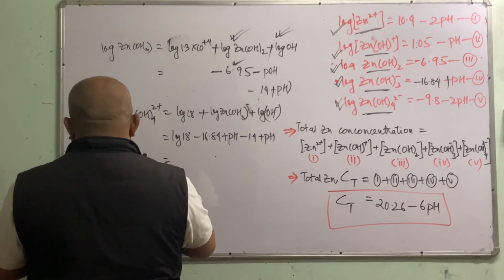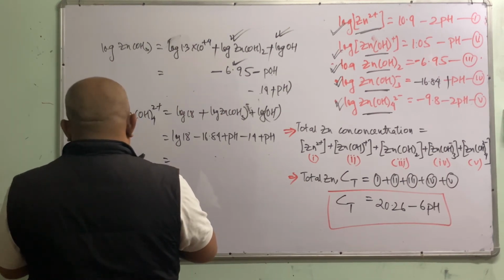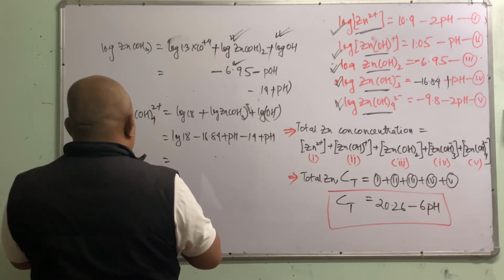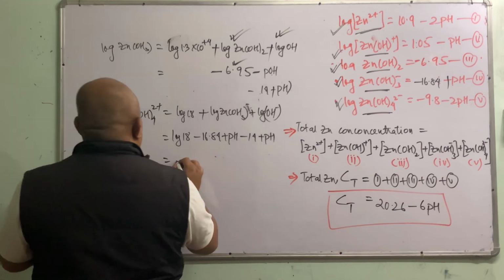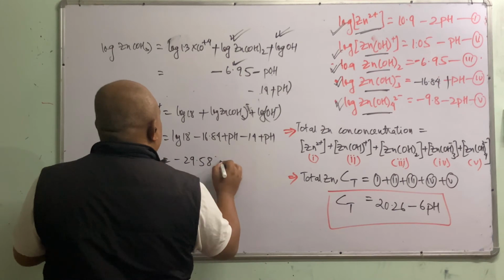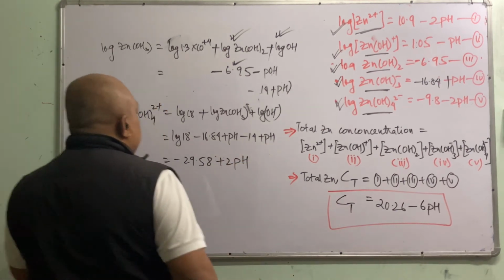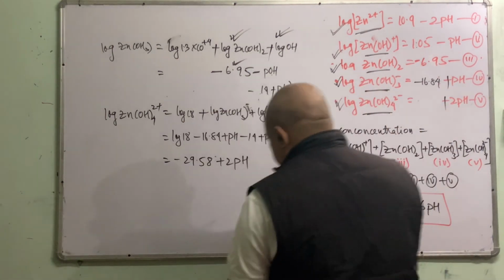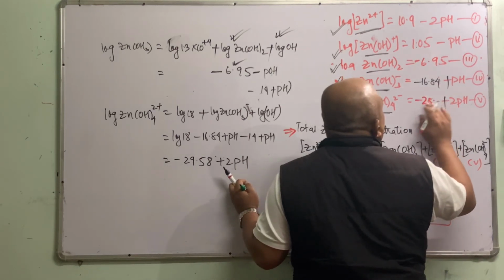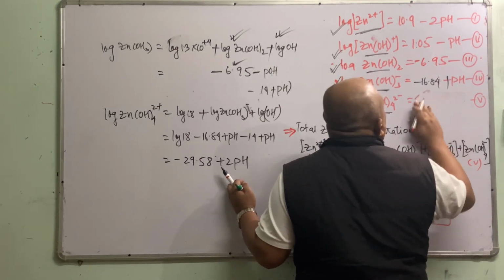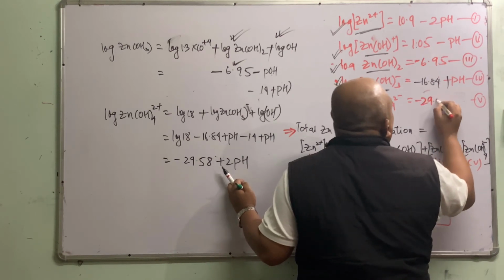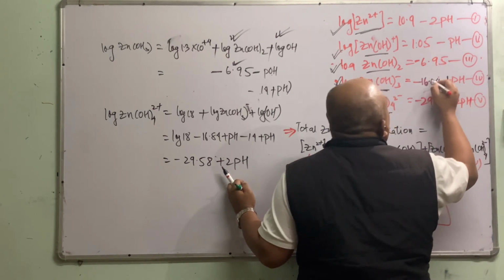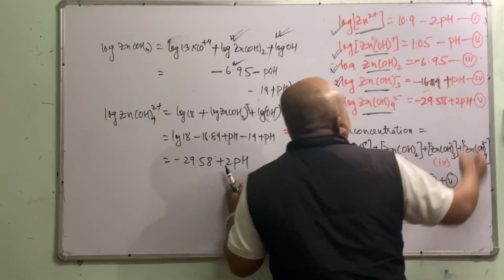Correct. So this is equal to 18 log minus 16.84 minus 14, which is equal to minus 29.58 plus twice pH, and this is minus 16.84 plus.